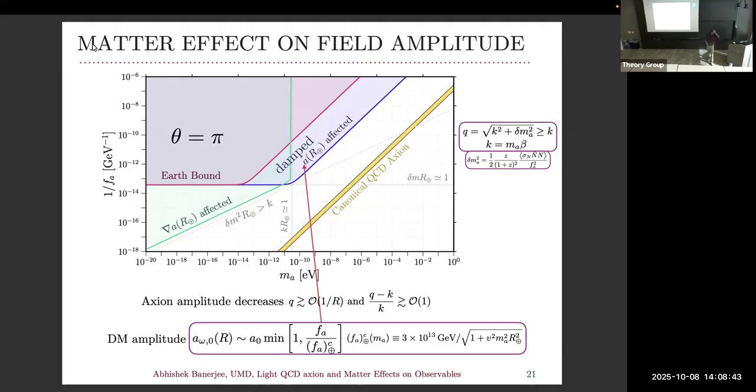Sorry, if the local thing does not get affected, then there's no limit on the neutron EDM. But why? If my local axion is still my axion in empty space.